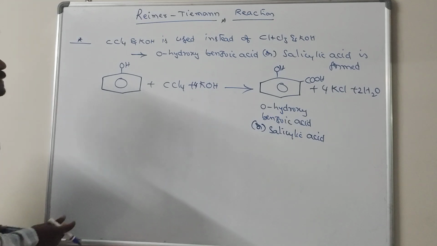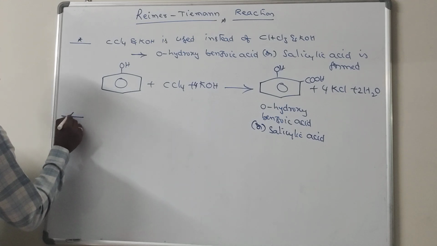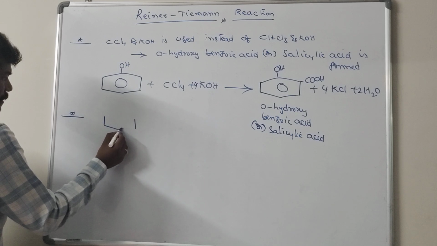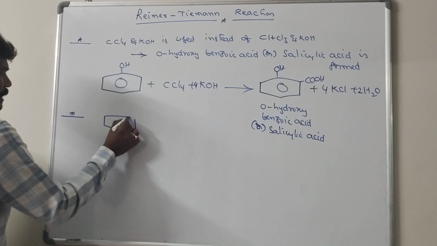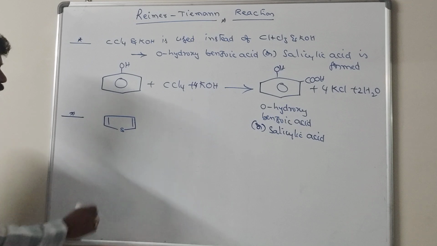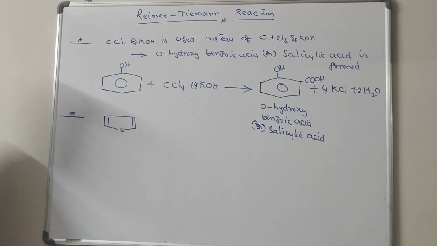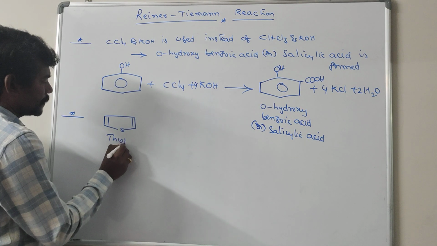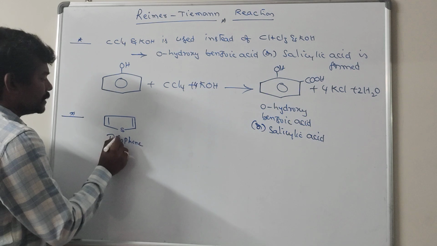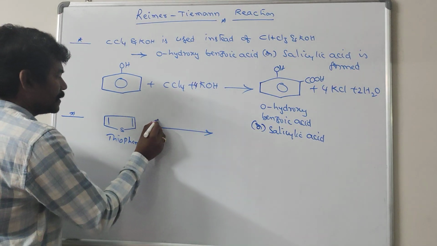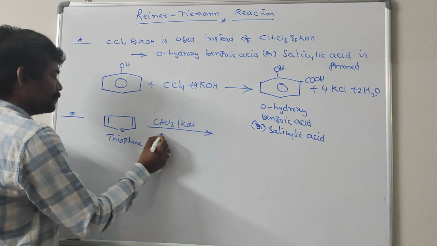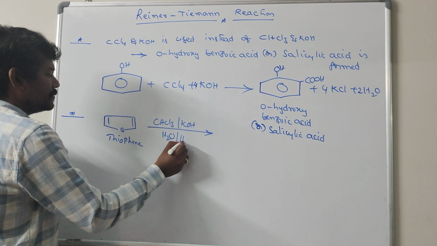Let us see one more important example. In heterocyclic compounds, this is thiophene. When thiophene is treated with CHCl3 and KOH, followed by hydrolysis and acidification.